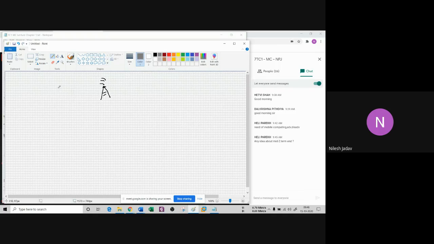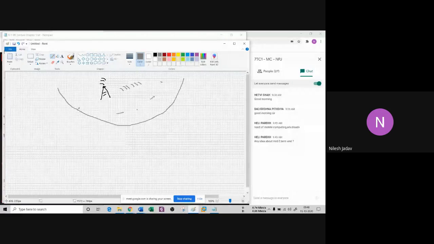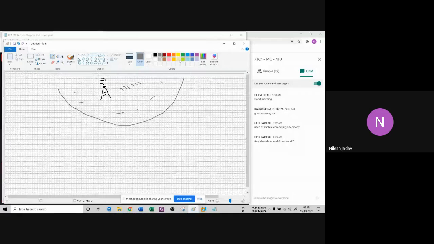So maybe this is a boundary within which it can give you signals. It can broadcast everything to the users who are sitting within this boundary. But the problem is, as a particular user moves out of this limited boundary and sits here, then it is not possible for his device to connect to this access point, and it is not possible for this access point to give connection to this mobile device.